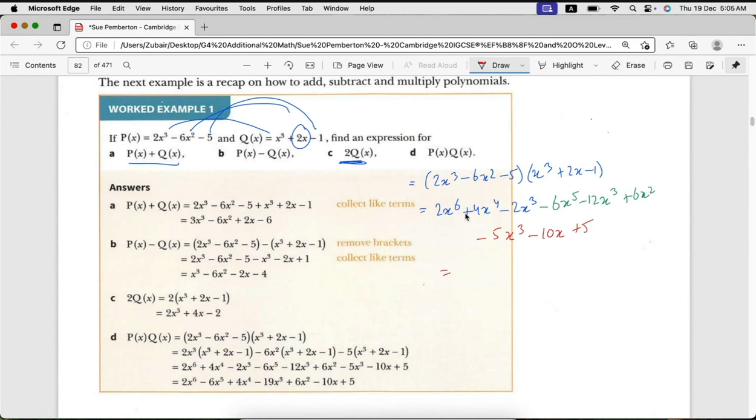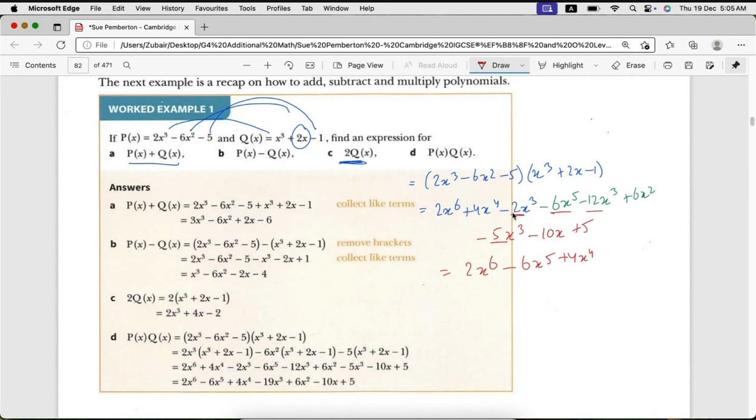And finally simplification. So 2x^6, there's no other term. And in power 5, there's only one term, minus 6x^5. In power 4, this is 4x^4, and this is the only term. Now in x cubed, I can see this, this, and this in cubes.